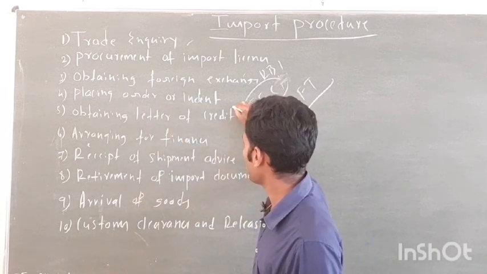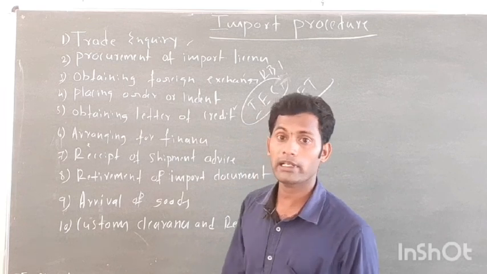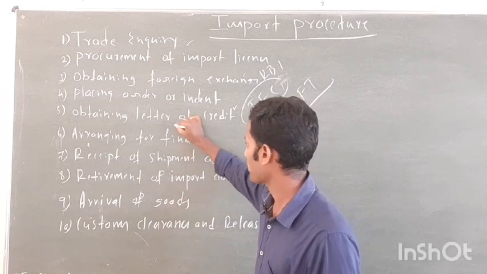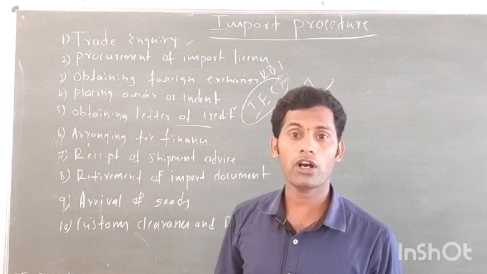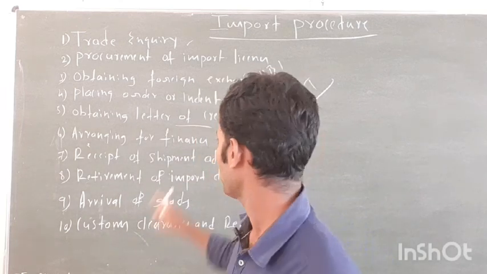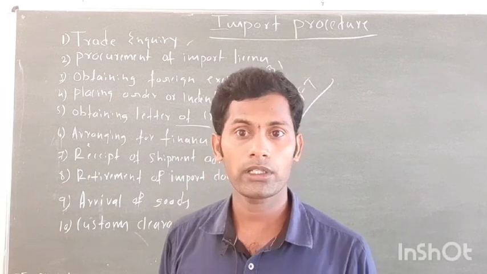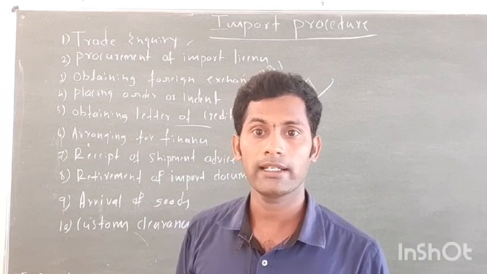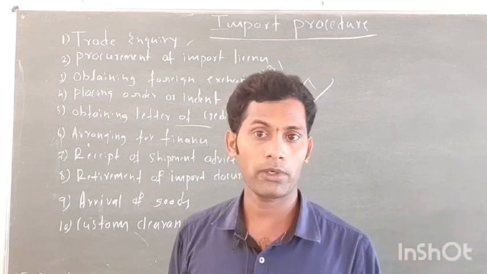Fifth one, letter of credit, obtaining letter of credit. We studied letter of credit in our last class. After finishing all the agreement, the importer collects the letter of credit from his bank, then he sends it to the exporter.